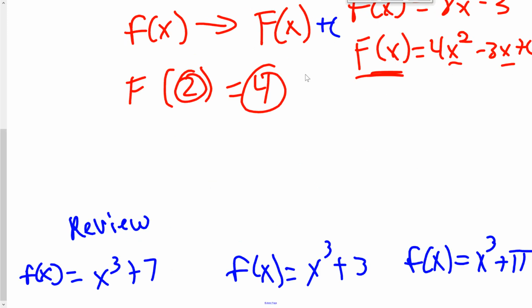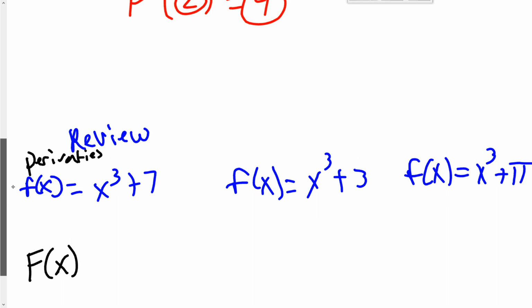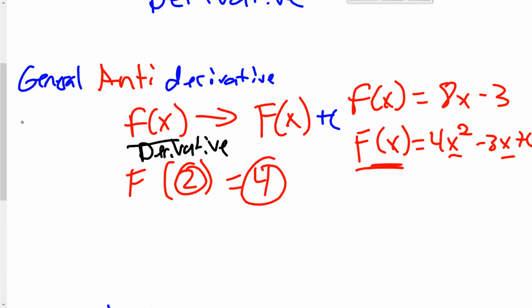So here's a quick example that you can do. If this is f, which in our case is the derivative, we're trying to find capital F. What you notice is we're just going backwards. So instead of multiplying, we're going to be dividing.